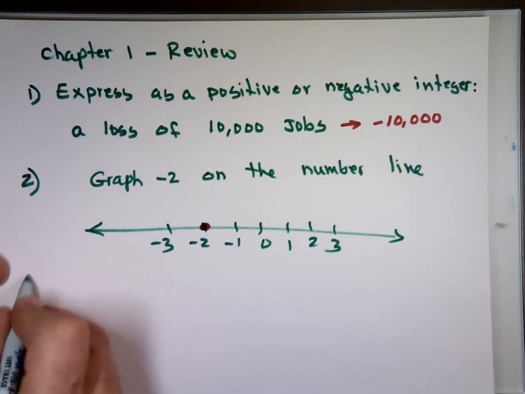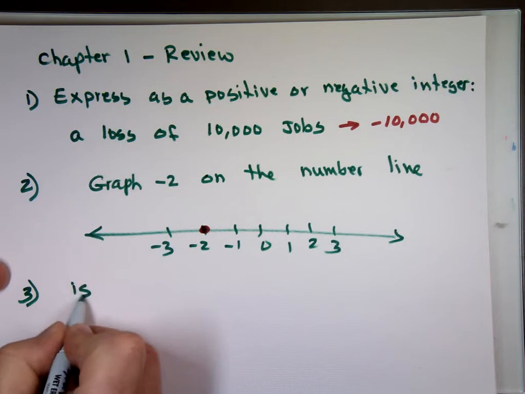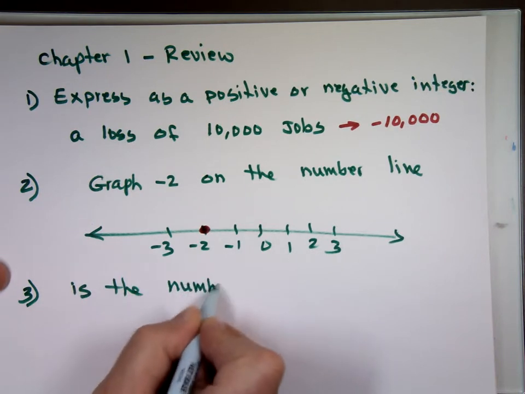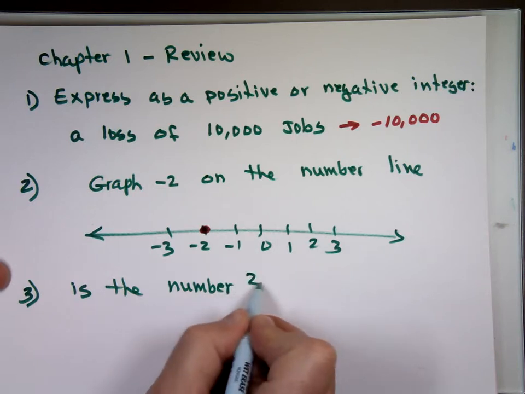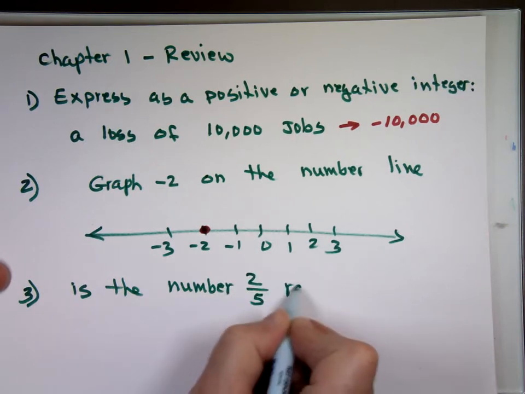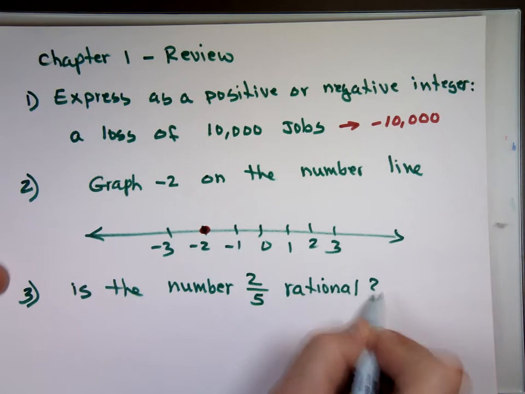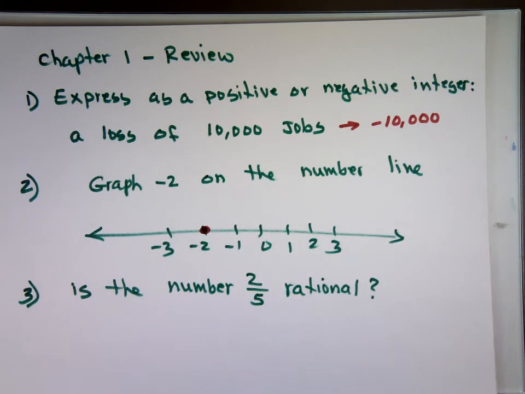Question number 3. Is the number 2 over 5 a rational number? Yes or no? Why yes?